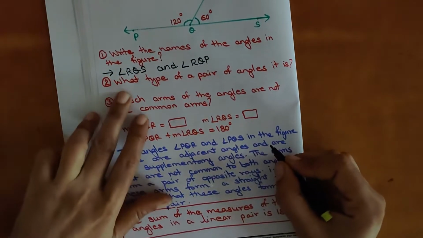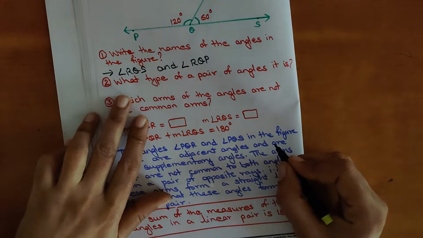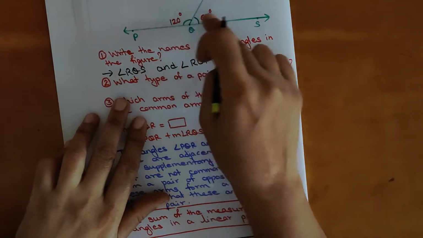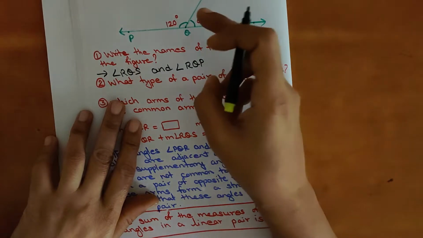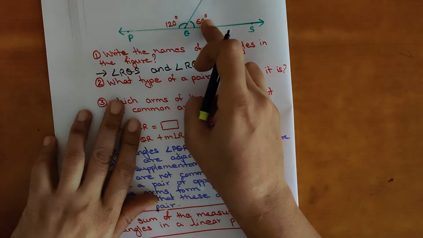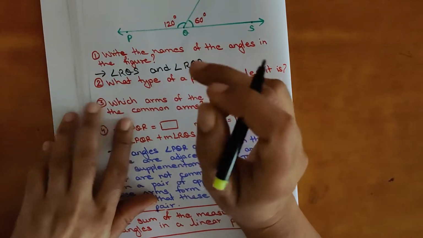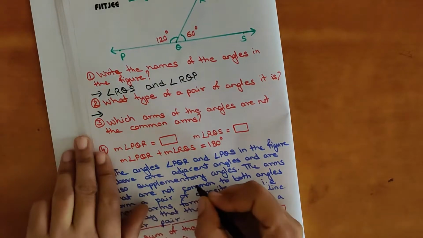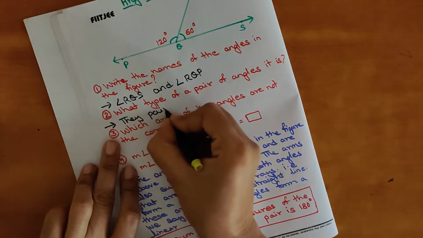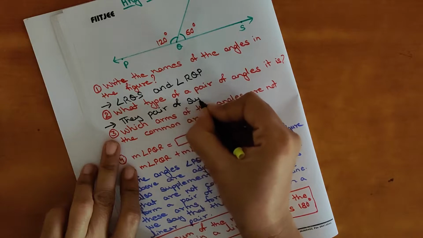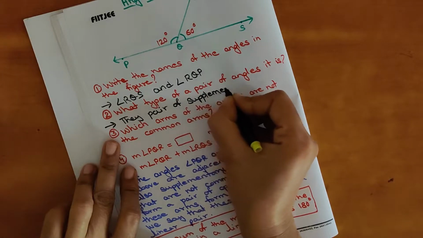Okay. Now what type of pair of angles is it? We have studied about complementary angles and supplementary angles. If you add 120 degree plus 60 degree, you will get 180 degree. So these are which pair? They are a pair of supplementary angles.